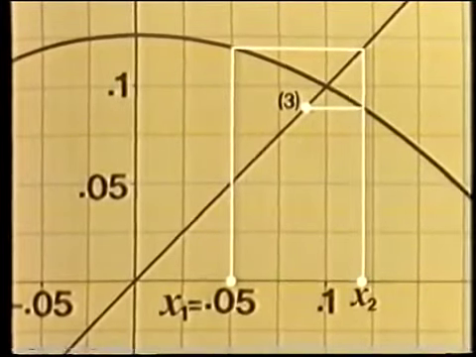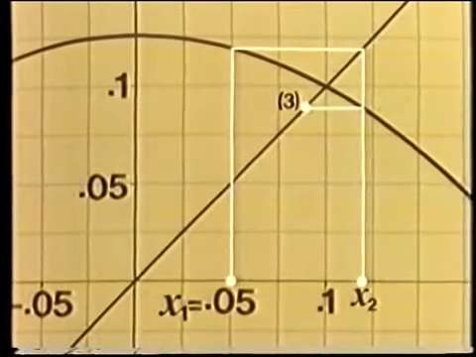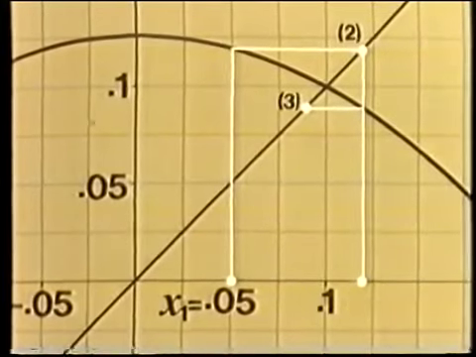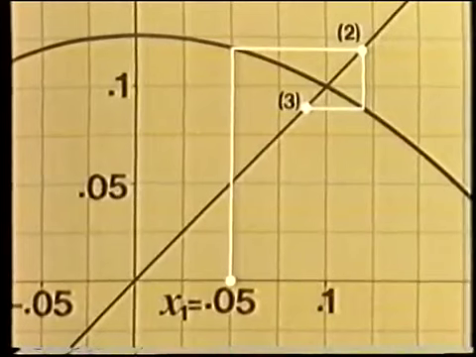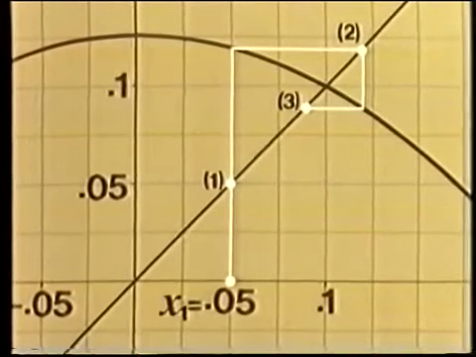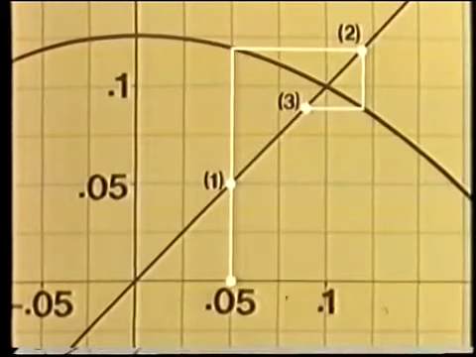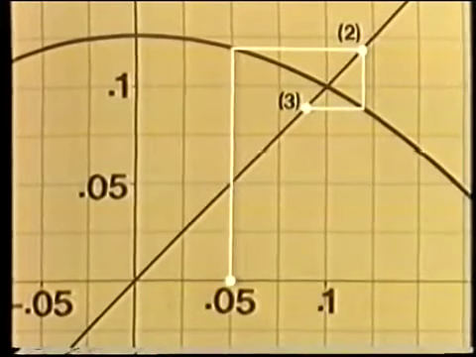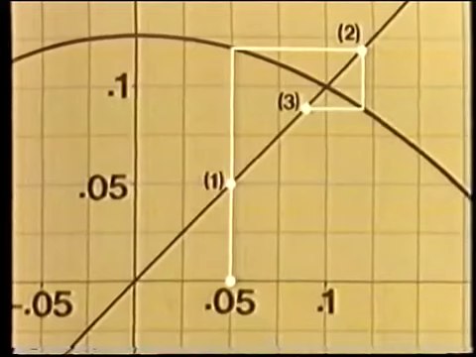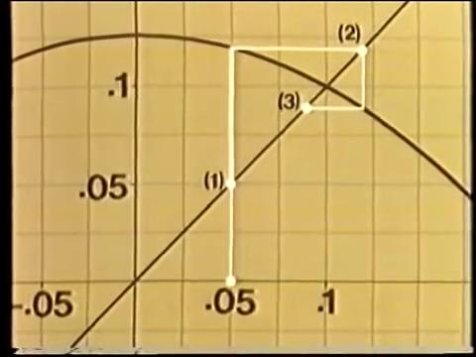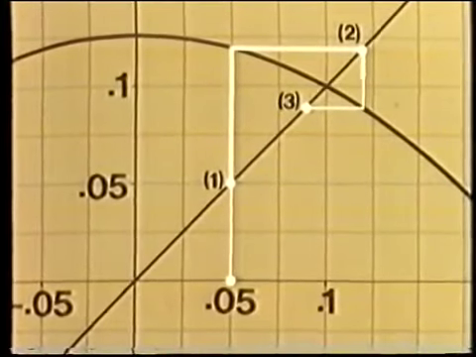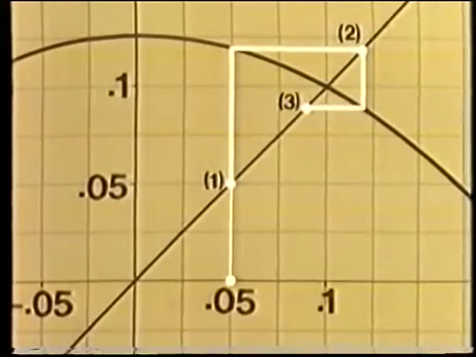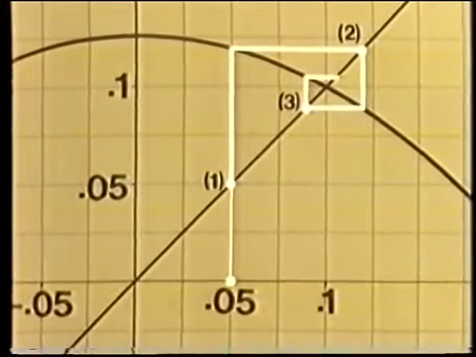In the same way, we could have recorded x2 and even x1 by the points on the diagonal above them. So we have x1, x2, and x3, and so on.